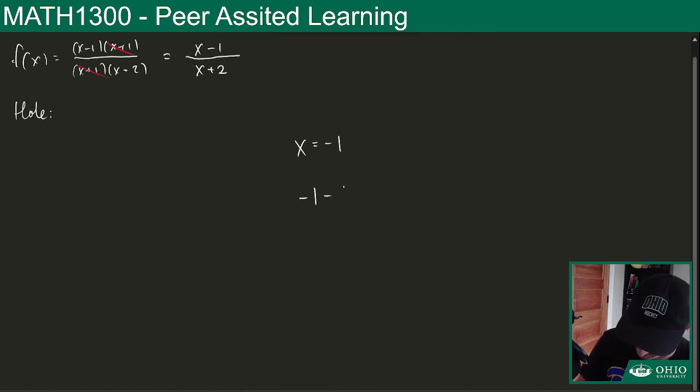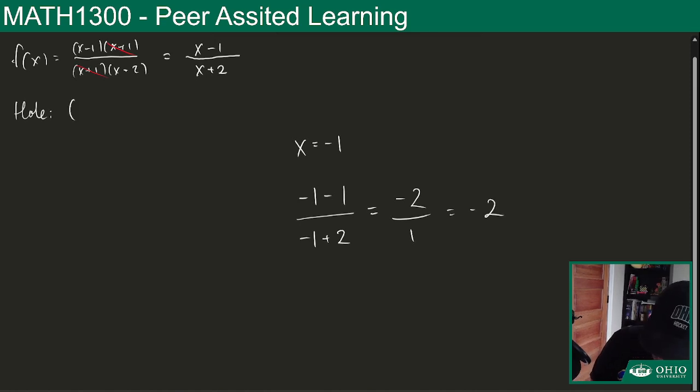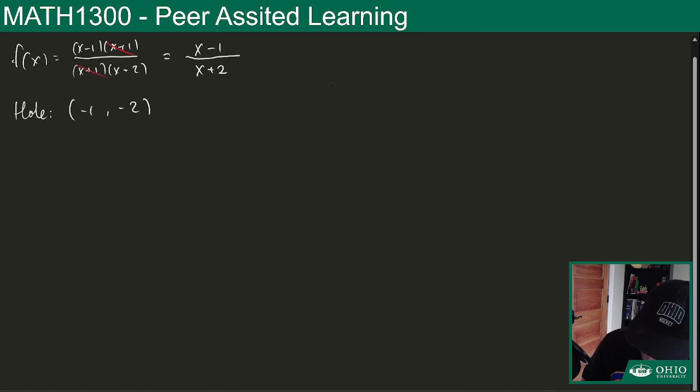So negative 1 minus 1 over negative 1 plus 2. If I work that out, I get negative 2 over 1 equals negative 2. And so the xy coordinates of the hole is negative 1, negative 2.